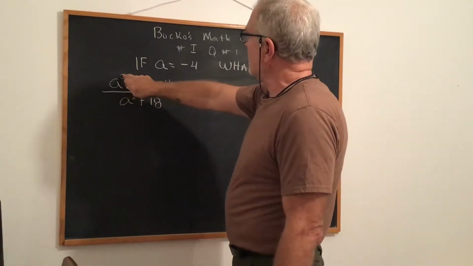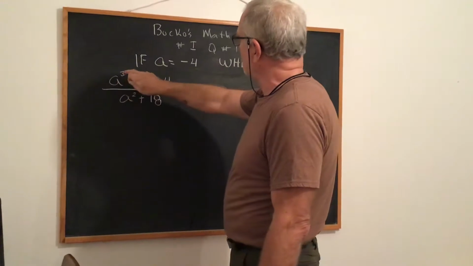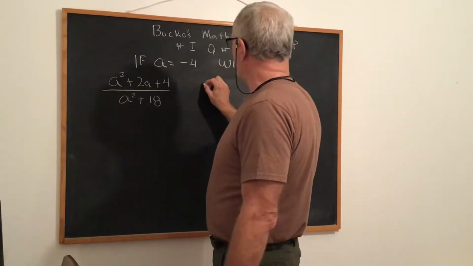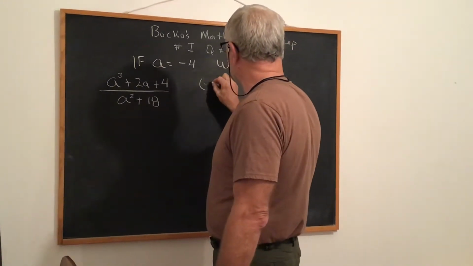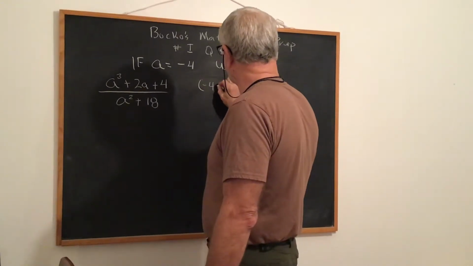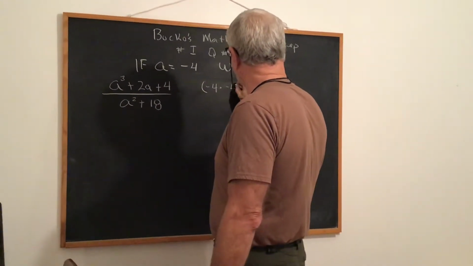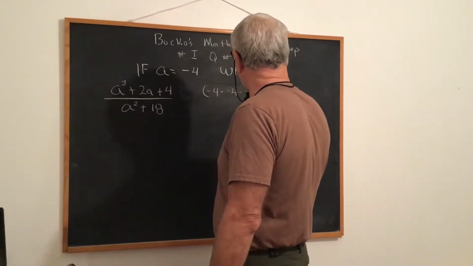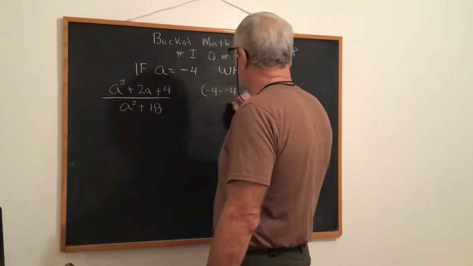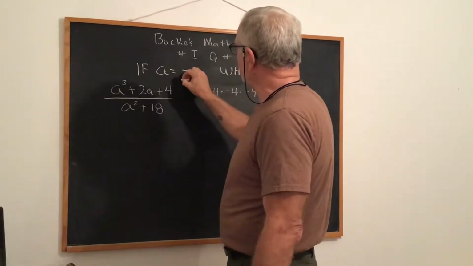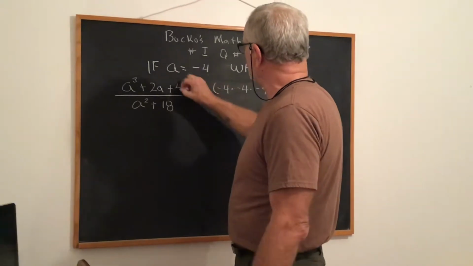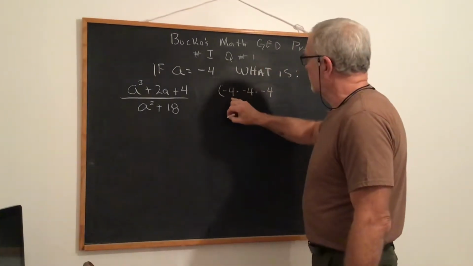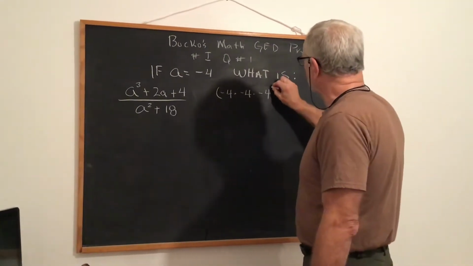So we have a to the third power, or a cubed. That means this: 3 a's multiplied, and we said a is -4, so we just put -4 in there 3 times and multiply it.